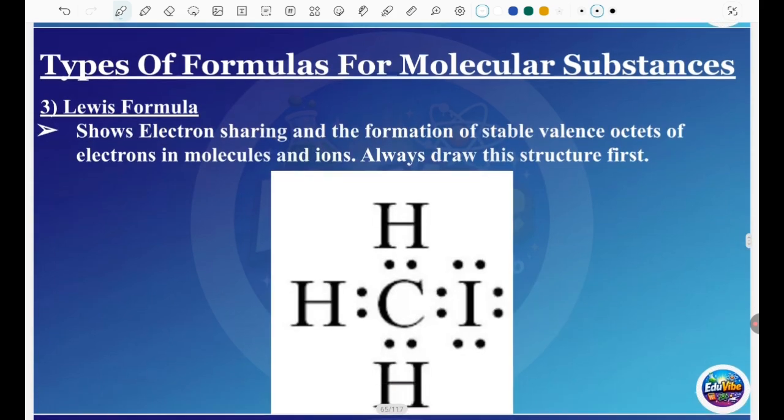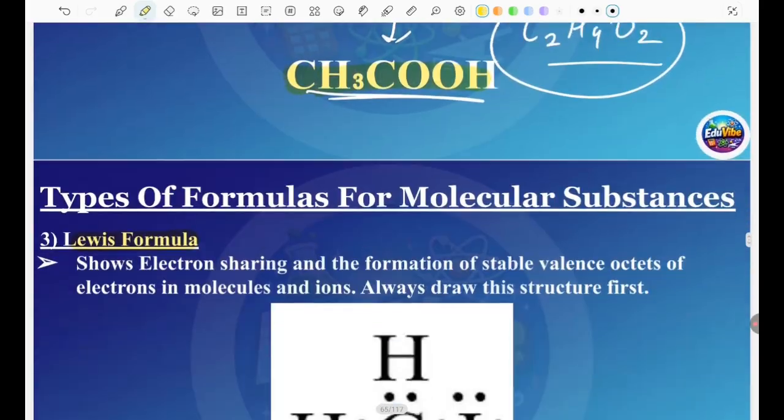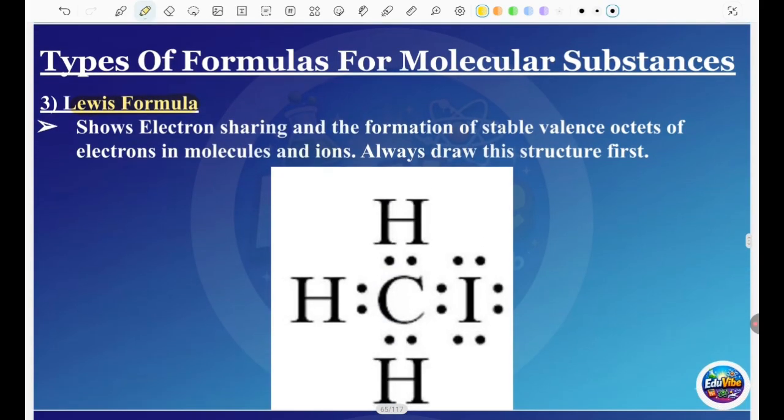Then we have the third one, the Lewis formula, which we do today. The Lewis formula is not written like the formula types before. We will make the bonds with dots. It shows the electron sharing and the formation of stable valence octets of electrons in molecules and ions. Always draw this structure first. When we do questions, we first draw this Lewis structure, then we move on to what they ask in the question.